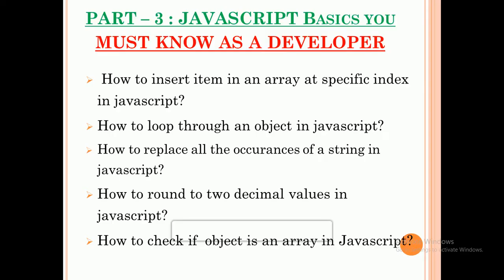The second one is how to loop through an object in JavaScript. Now I will take an arrow function, that is loop object. Inside this I am going to take an object which will have ID as a property and name as a property.